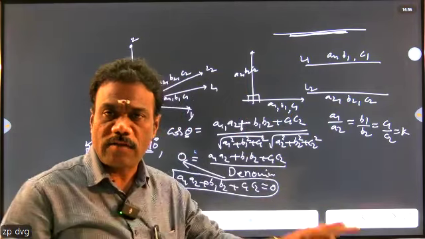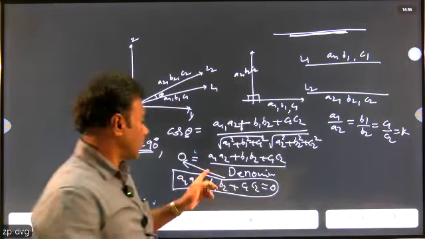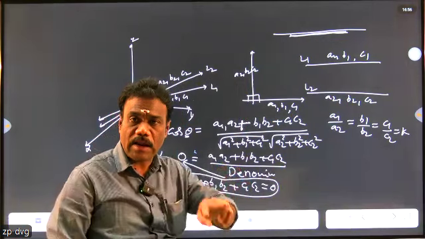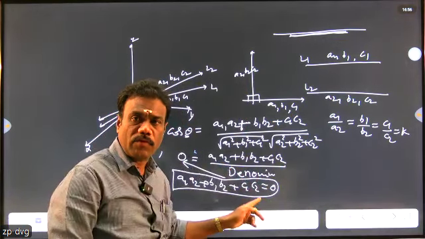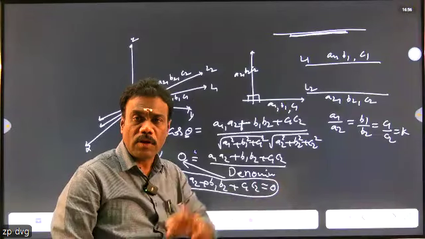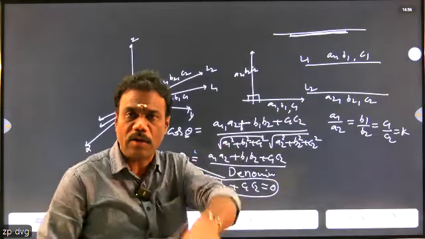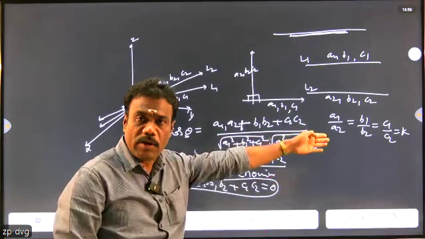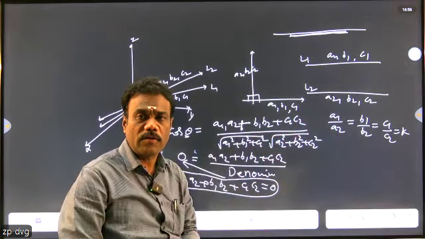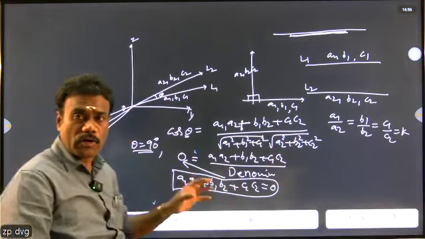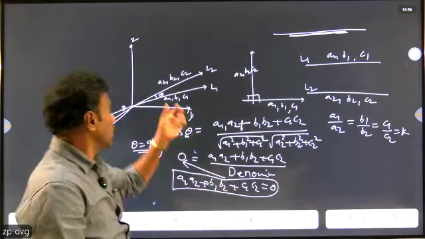So if two lines are perpendicular, and their direction ratios are known, then the condition is A1 A2 plus B1 B2 plus C1 C2 equal to 0. If two lines are parallel or collinear, then you will get A1 by A2 is equal to B1 by B2 equal to C1 by C2. Now the angle between two lines.